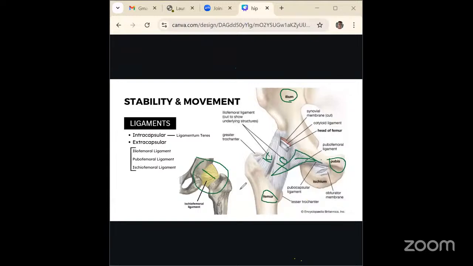What you will need to do now is to go and do an in-depth study of the ligaments and find out the specific structures that they affix themselves to. So let's take, for instance, this ilium. This is the inferior iliac spine. It connects from the inferior iliac spine, and then it bifurcates, inserting into the greater trochanter and lesser trochanter.